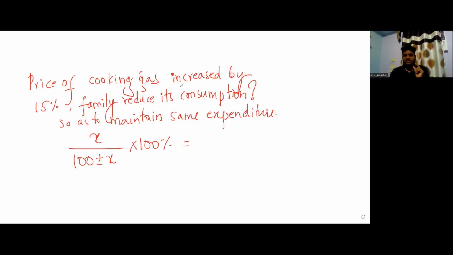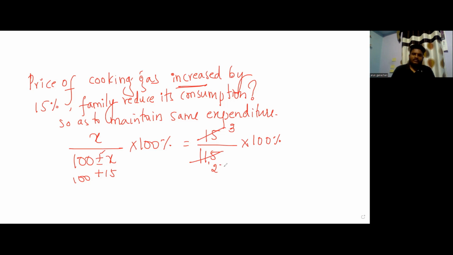Understand, the price of cooking gas is increasing, so we have to use plus. So it will be 15 upon 100 plus 15. What is 100 plus 15? 115 into 100 percentage. 5 3s are 15, 5 2s are 10, 1 will be remaining, 15.